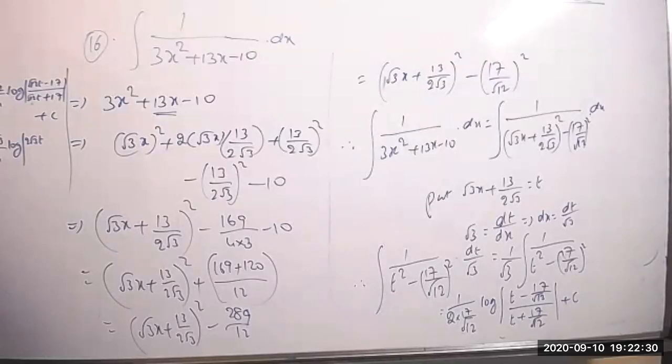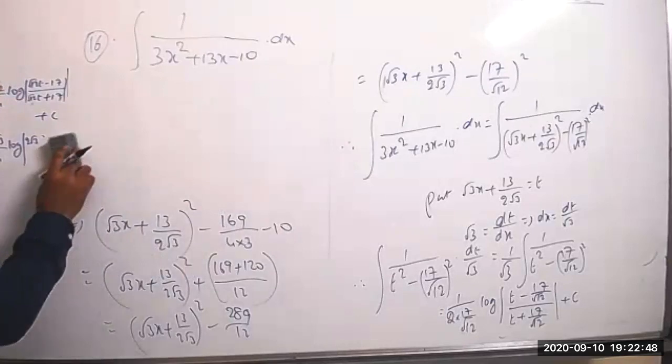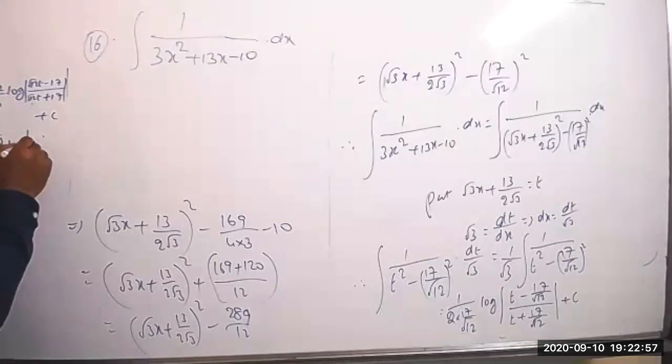The value of t equal to how much? Root 3x plus 13 by 2 root 3. This place is not sufficient, I'll draw the first line here. Log modulus of t minus, the value of t equal to, and here we got now root 12.